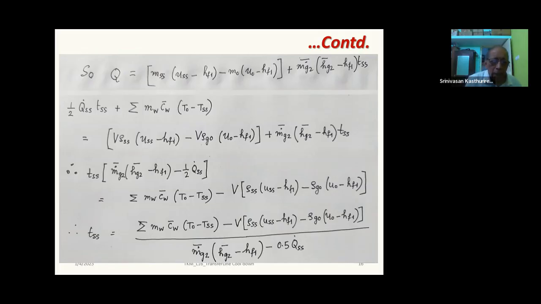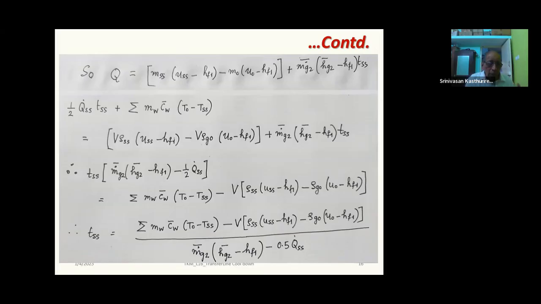Now let us look at Q. Q has been already determined and written in terms of two parameters. Q consists of two terms. One is the actual heat transfer that is coming into the system. The second term is the cooling down of all the thermal masses. So this is the total heat that is coming, and the cryogenic fluid is going to take away all this heat, both the heats.